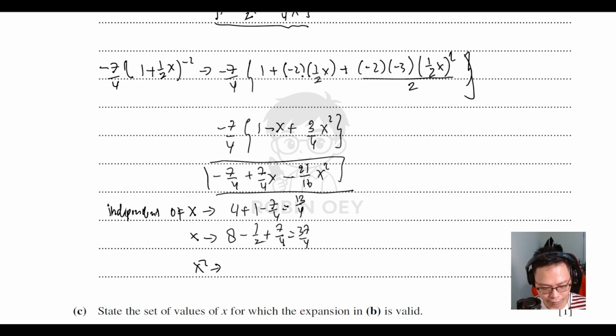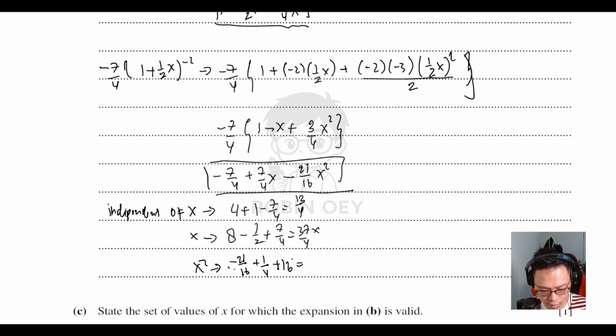For the term x squared, okay, this is x. Oh, sorry, my bad, I looked at the wrong part. For the term x squared, that would be -21 over 16, and then plus 1 over 4, and then plus 16.